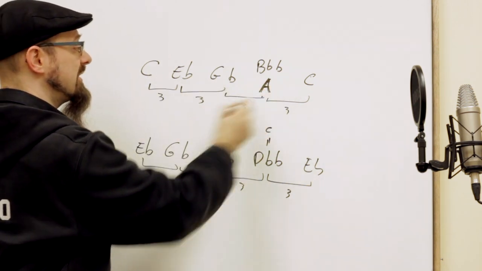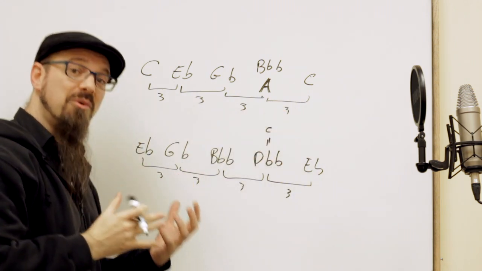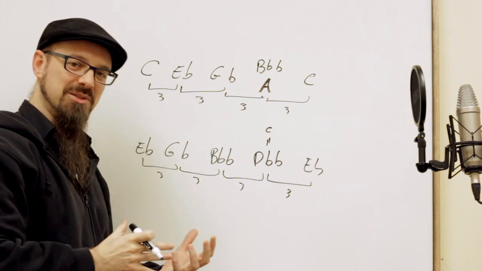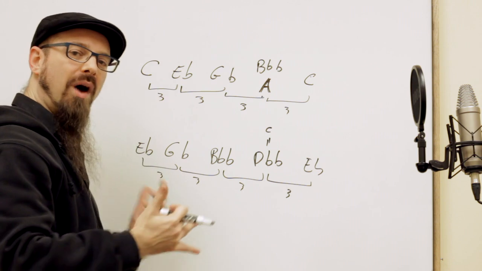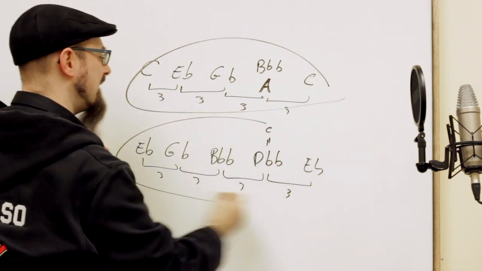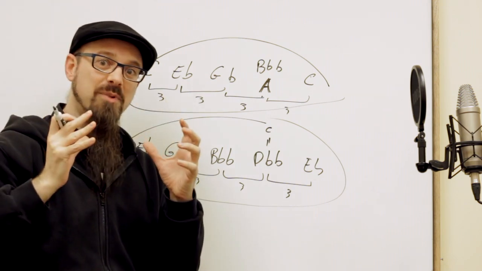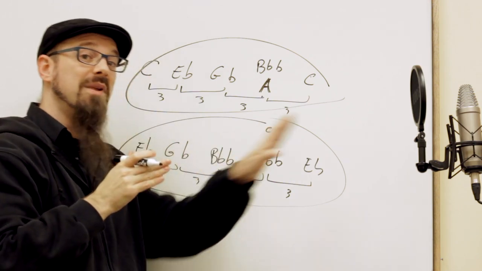Since all those notes have the same distances from one to the other, any one of them can be the root. That's the beauty of the diminished chord. They are ambiguous, and that's why they are so useful. This sound here is the same as this sound here, but your brain can interpret them in 2 different ways, so you can use them as a bridge to go from one key to a completely different key.